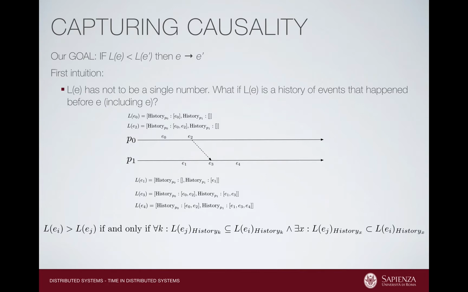So let's make it clear with an example. Let's take the timestamp of event E3 and the timestamp of event E2. In this case, the timestamp of event E3 is greater than the timestamp of event E2.